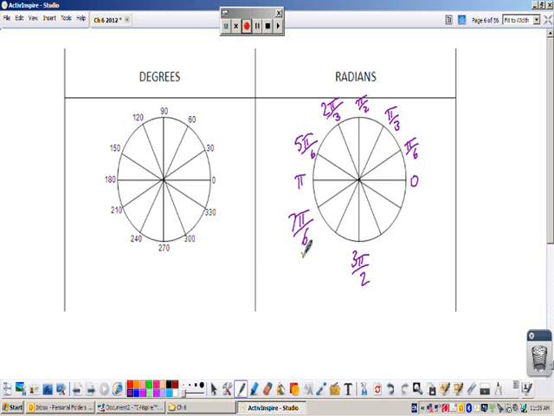Here's another one that's going to simplify to 4 pi on 3. Another one that will simplify again. And our final one with a denominator of 6 is 11 pi on 6.